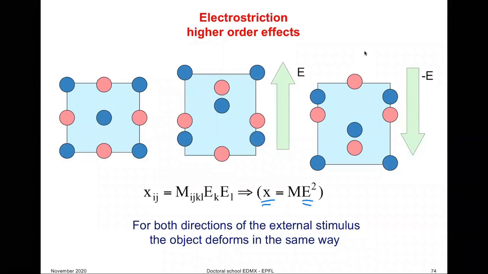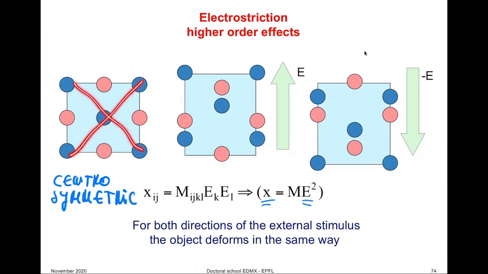So what is electrostriction? We will consider a material which is centrosymmetric. You see that it is centrosymmetric because with respect to this central atom, all other atoms are distributed symmetrically. This material cannot give us a piezoelectric effect.